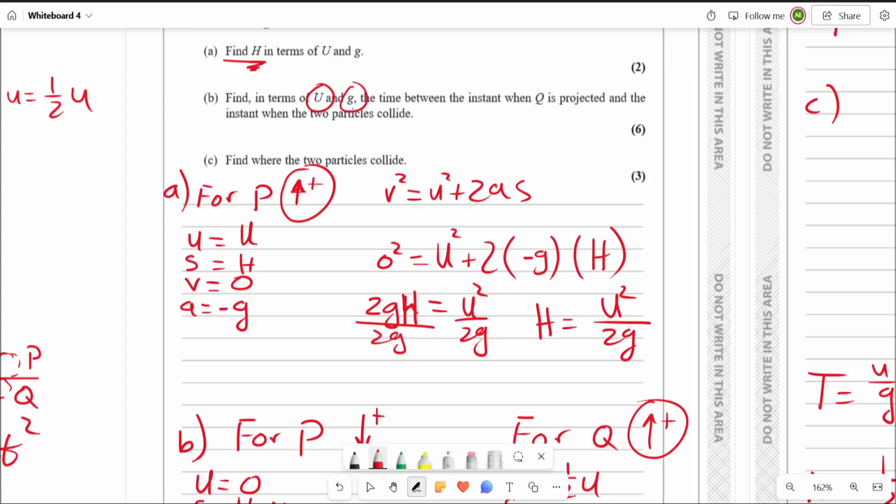So also take the correct direction into account, form your equations, and then try to get the values that you don't want. So forming the equations, I mean like choosing a suvat equation to formulate that will help you in what you want.